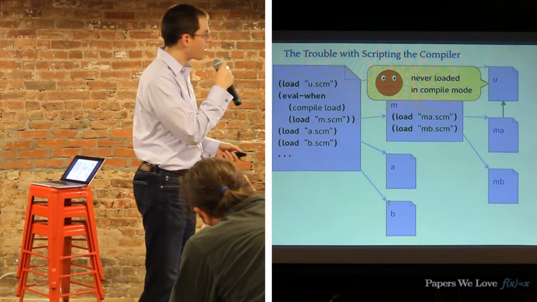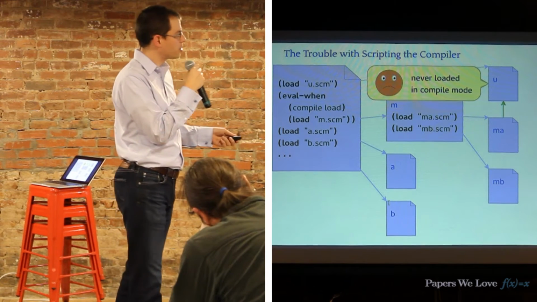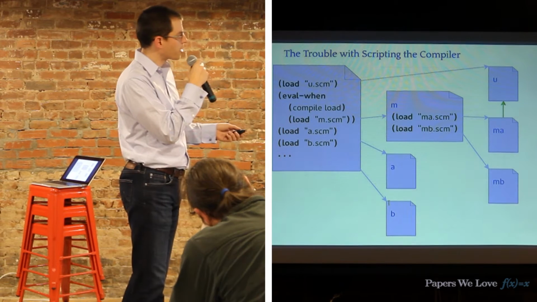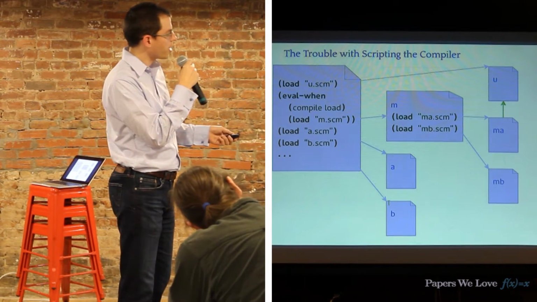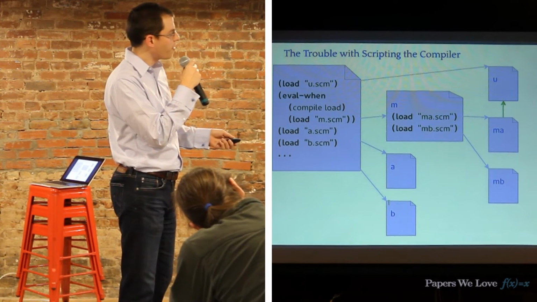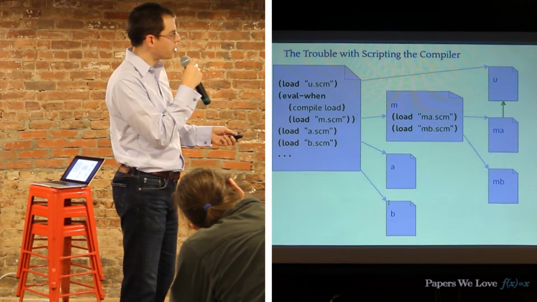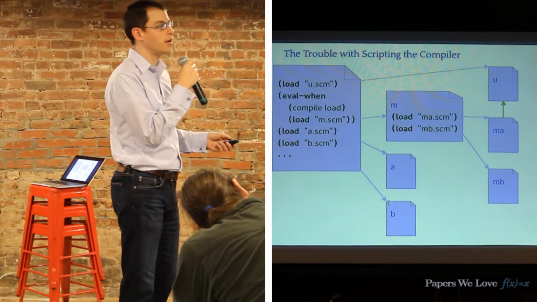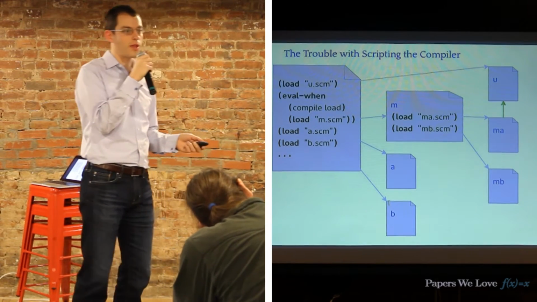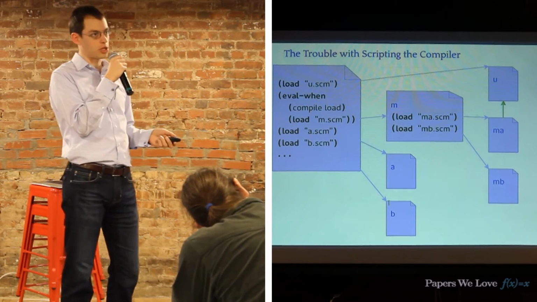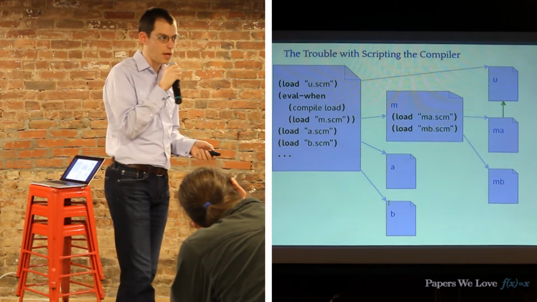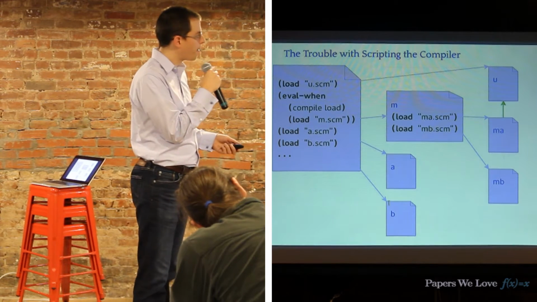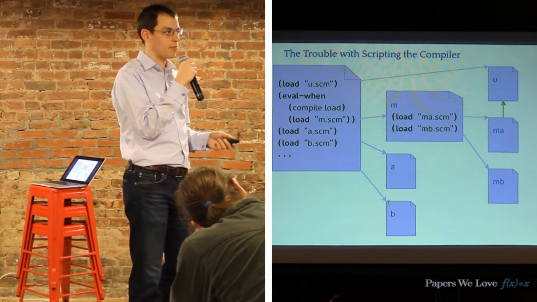So we've got a compiled file, so we see that when we're in compile mode, we're only loading M. But if MA depends on, if we add a dependency from MA to U, then that's not reflected. That dependency is just, oh, I refer to this name in one place, and it happened to have been previously loaded. But it's not reflected in the program.